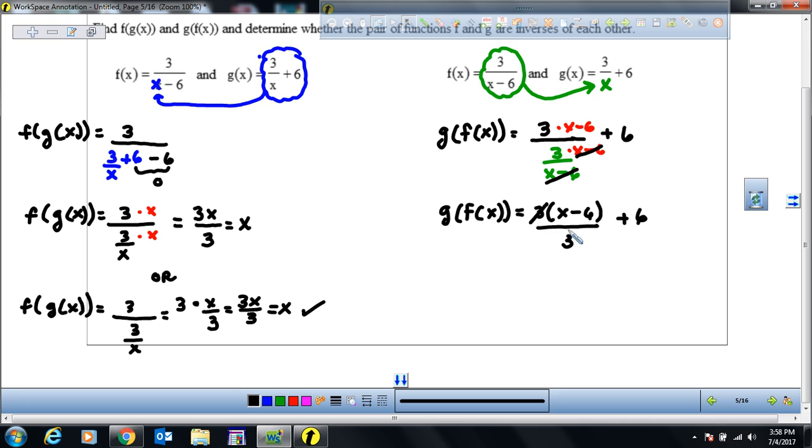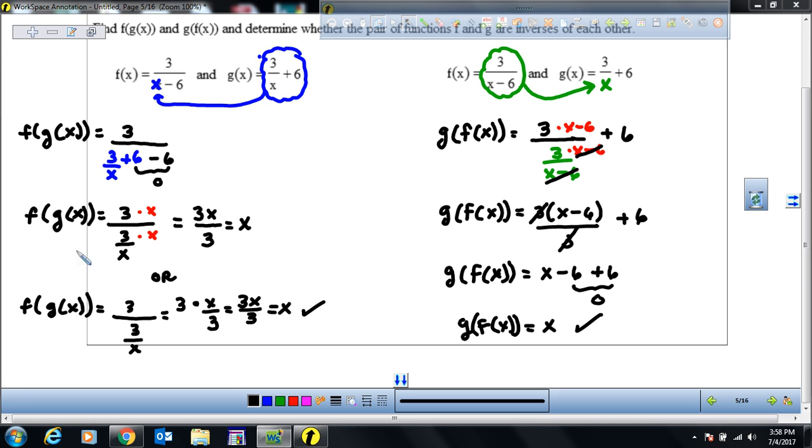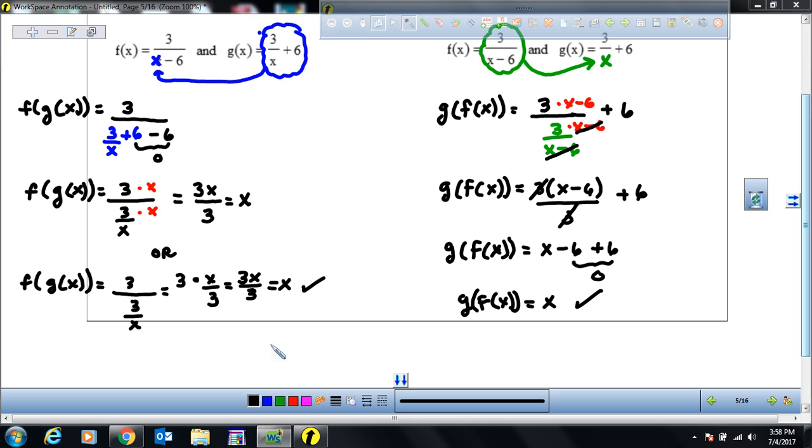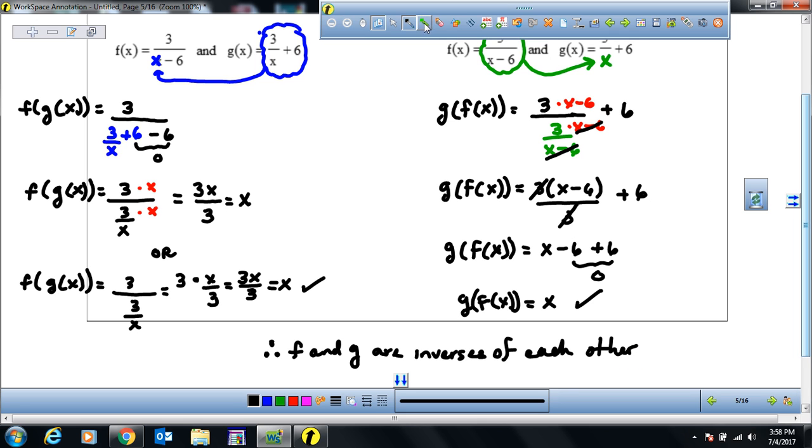But then the 3 divided by 3, they reduce, so you are left with g of f of x equals x minus 6 plus 6, and then if I combine negative 6 plus 6, that is 0, so we get that g of f of x equals x. So, since both of them, f of g of x and g of f of x, equal x, what can we conclude about these two functions? Therefore, f and g are inverses of each other. And that is my conclusion.